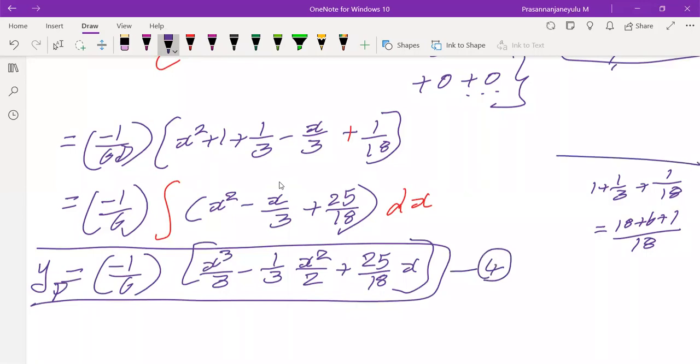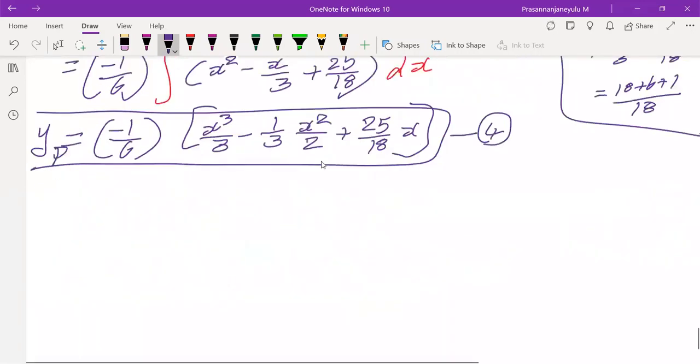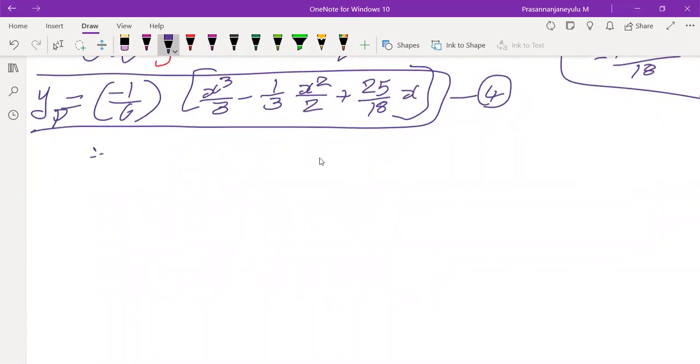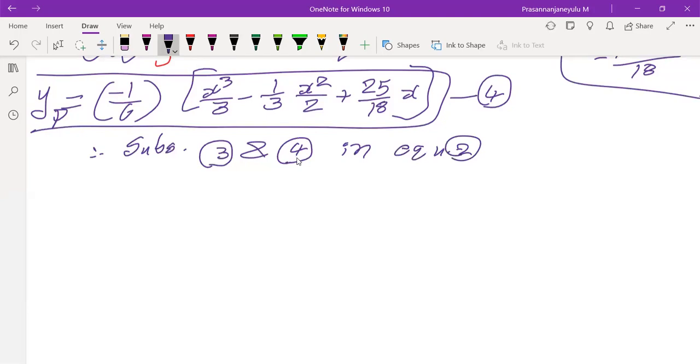Substitute equations 3 and 4 in equation number 2. Therefore, y equals, substitute 3 and 4 in equation 2. That implies y equals yc plus yp, which implies y equals yc, which is c1 into e power 0x.